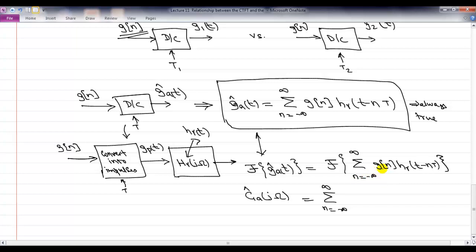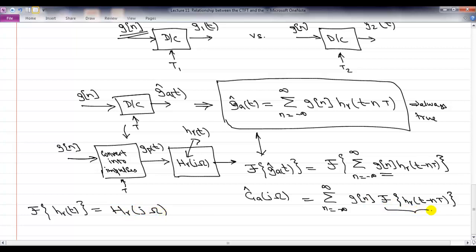So from the perspective of continuous time Fourier transform, this G of n is just a scalar constant. So I can actually just write it outside, and I get the Fourier transform of HR of t minus nT. Now what is the Fourier transform of HR of t? We call that HR of j omega.